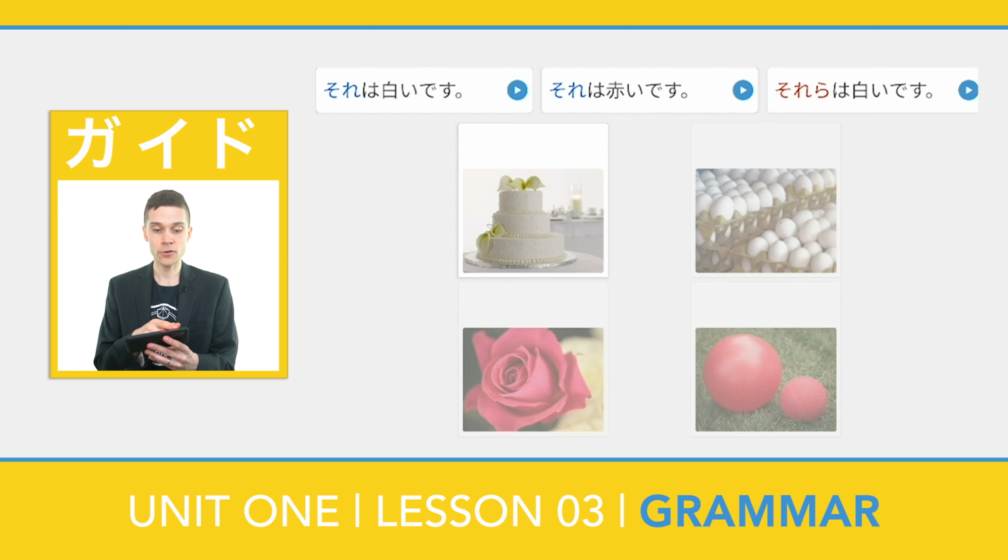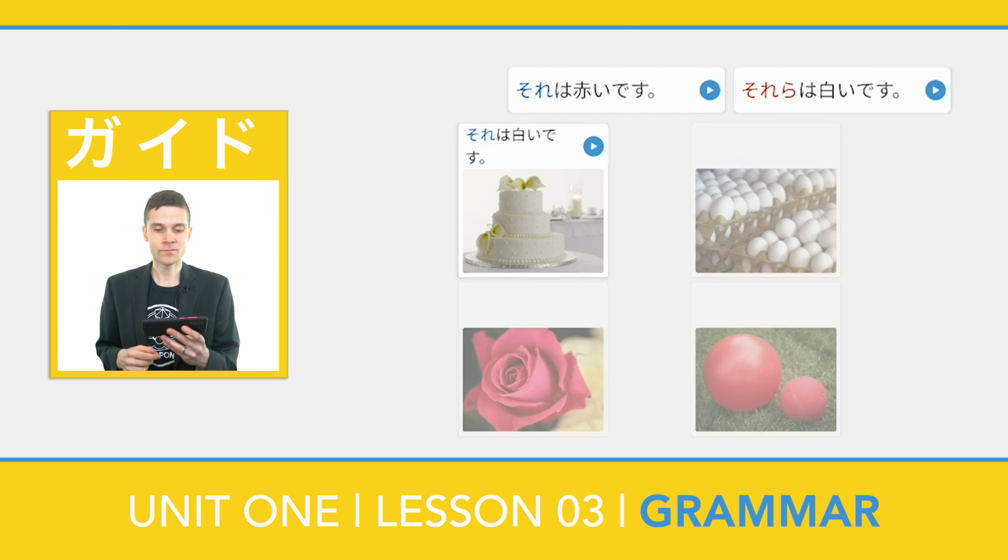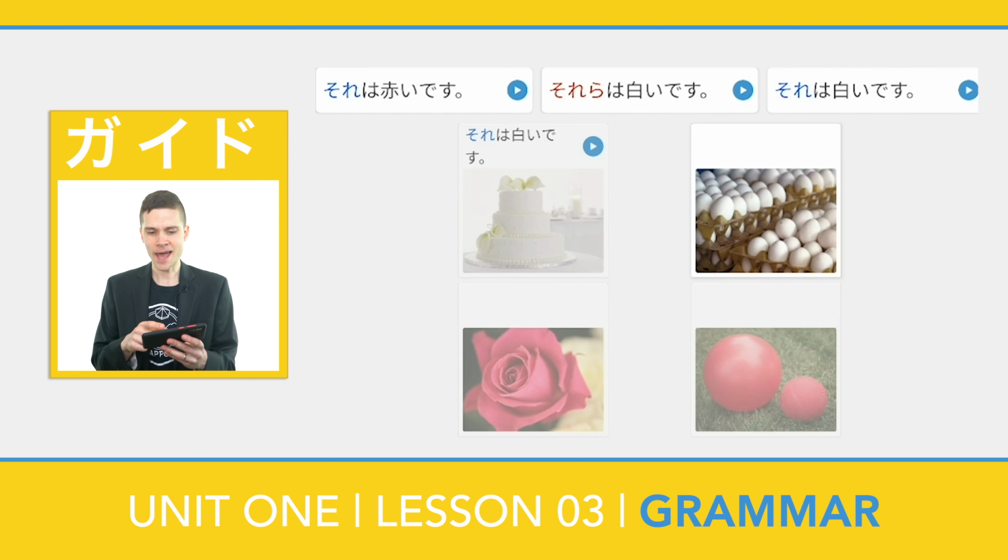As you can see, the blue それ just means one, and 白いです is white. So here we go. それは白いです. Now the perfect follow-up here, we also have white objects, but again, objects, so it's not singular anymore. So in this case, we need to have それら, this red one here, それらは白いです.